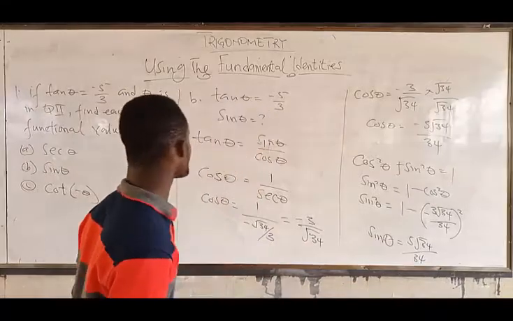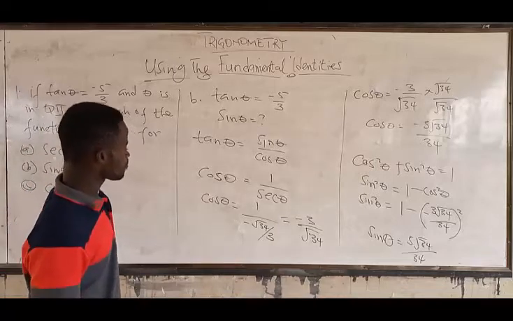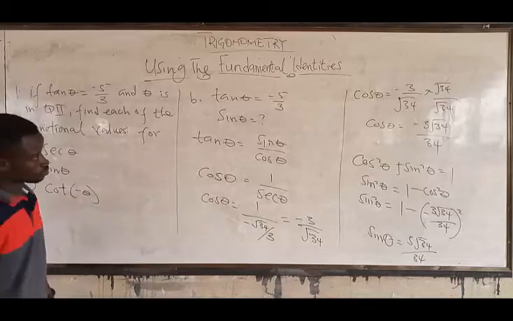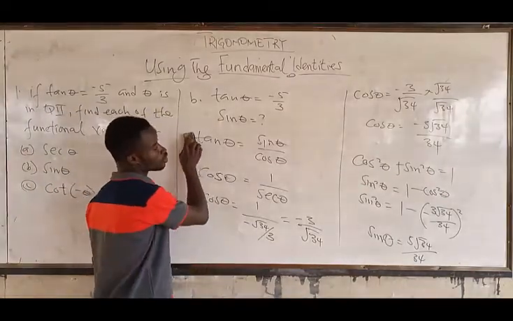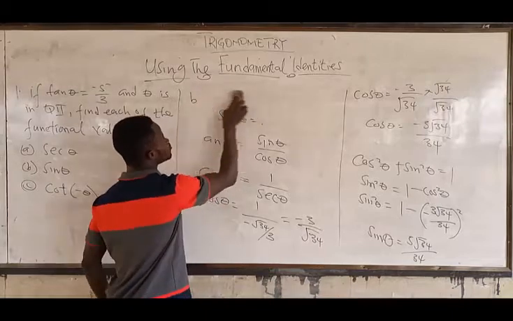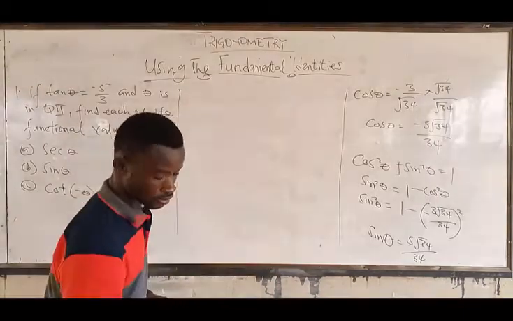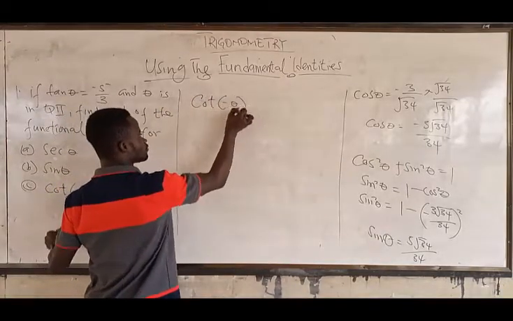Alright, so that is that for sine theta. Now we know sine theta, we know sec theta, we know tan theta from the question, and we know cos theta. So let's go for cos. Don't forget it's cos of negative theta.